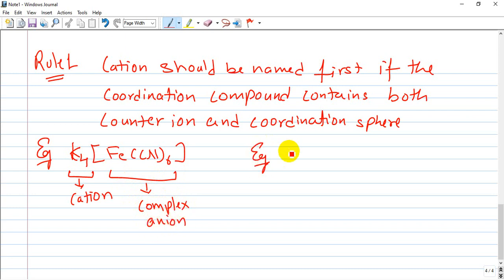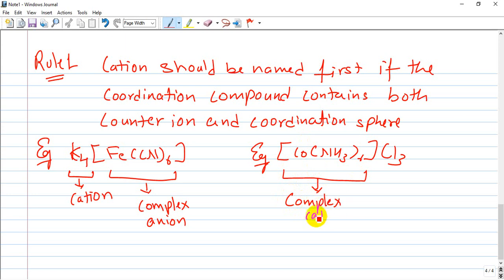Another example, [Co(NH3)6]Cl3. In this case, this cobalt complex behaves as the cation and the chlorine behaves as the anion. I'm also calling it the counter anion.